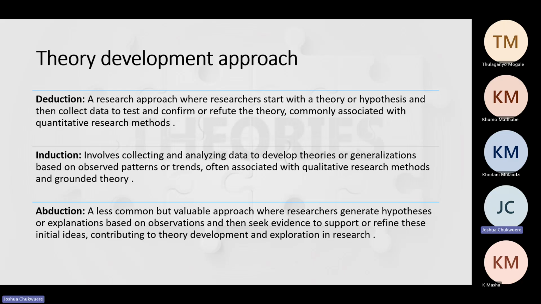commonly associated with the quantitative research method. Here, there is an existing theory. One of the existing theories today is the technology acceptance model, which some researchers developed. You look at how factors impact people's adoption of technology. You have TAM, UTAUT, and all the rest of them.